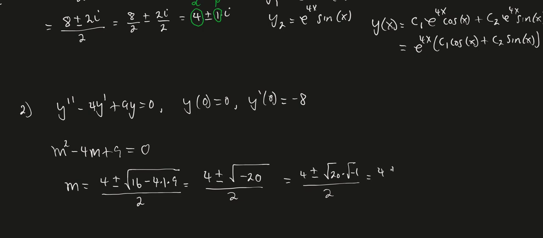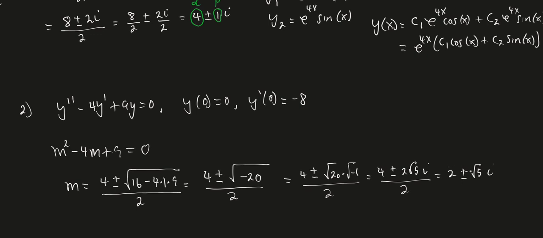And then we'll have 4 plus or minus. Now root 20 breaks down to 2 root 5. And root negative 1, that's our definition for i. And then this is all over 2. So now reducing this, since both coefficients in the numerator are divisible by 2, I'll end up with 2 plus or minus root 5i.